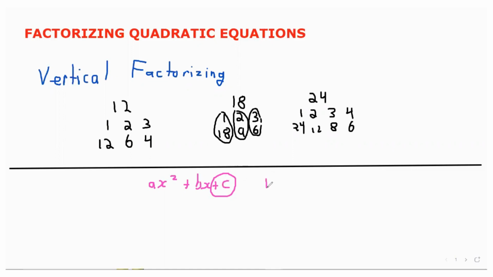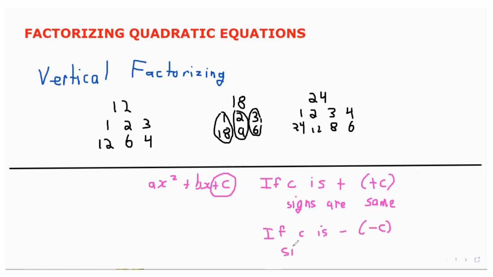So if c is positive, for example, the signs of the factors must be the same, and we'll get to appreciate what we mean by this in a few. So if c is positive, the signs are the same. Okay, and if c is negative, if you guessed it, yes, the signs are different, just the opposite.